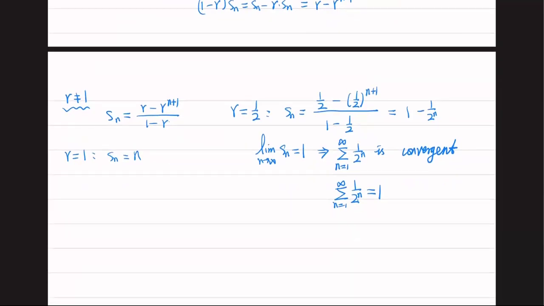Then the general case, sigma. As we have seen before, this will be the limit of the partial sum, which is R minus R. We assume it's not 1.